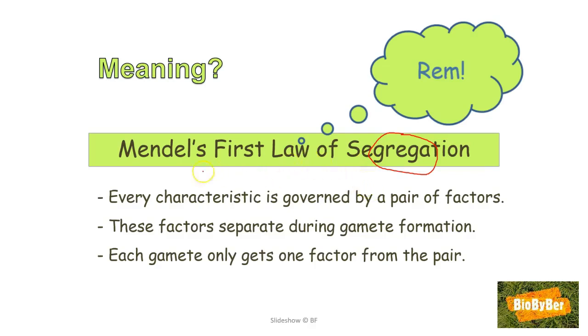So in the past we learned that every characteristic, perhaps the characteristic of height, is governed by a pair of factors. This is what Mendel discovered. These factors, which we now know to have been chromosomes or genes, separate during gamete formation, and each gamete will only get one factor from the pair.